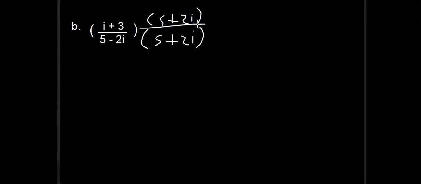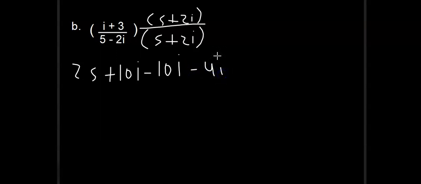Okay, now let's do all the multiplication. I'm doing the denominator first. So 5 times 5 is 25, and 5 times 2 will be positive 10i, and minus 2i times 5 gives you minus 10i, and then negative 2i times positive 2i, you're going to get negative 4i squared.